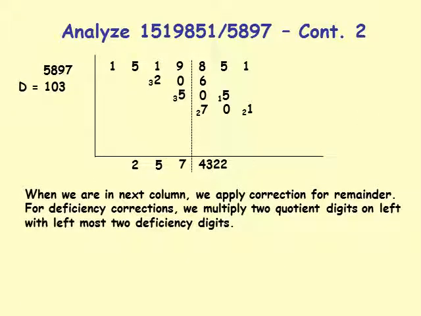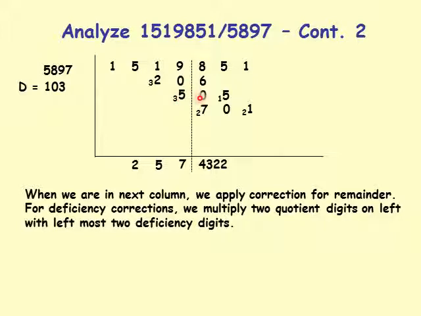Now we are in the next column here. When we did 44 divided by 6, this is what we have, 46 divided by 4 here, and we apply correction for the remainder. First, this 3 is a correction for the remainder from the previous column.